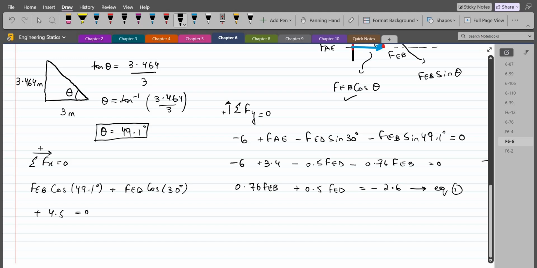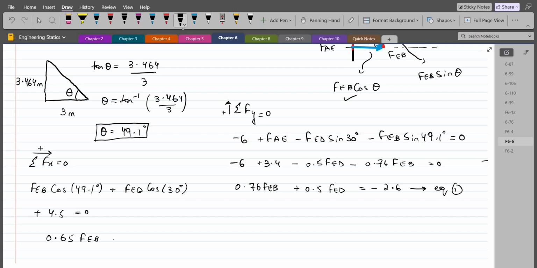Equals to 0. So when I simplify it, the above equation becomes 0.65 FEB plus 0.87 FED equals to negative 4.5. So this is your second equation.